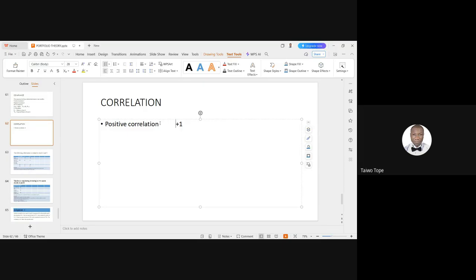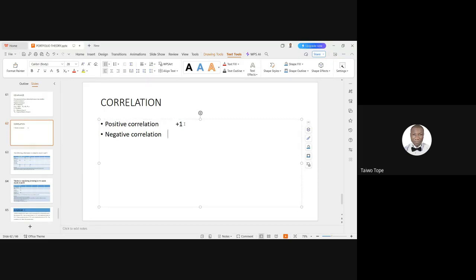But when you have negative 1, that is a case of negative correlation. What do we mean by this?